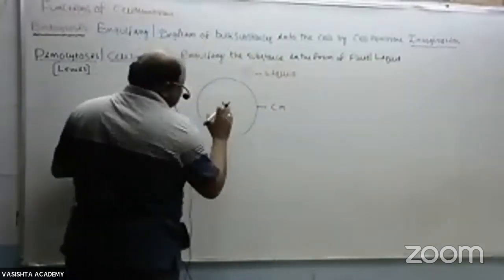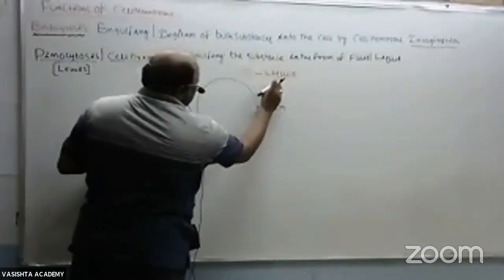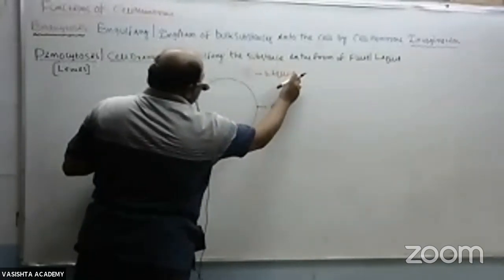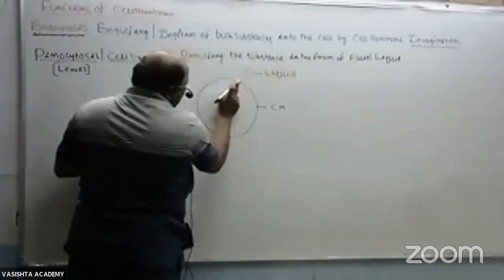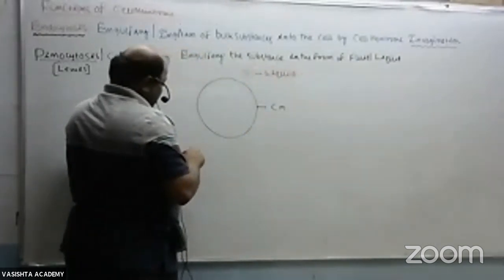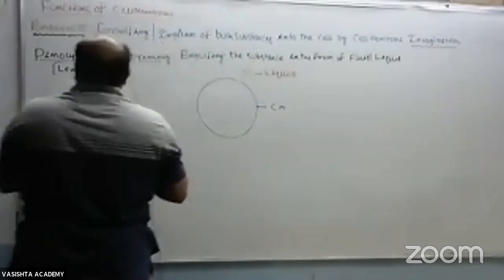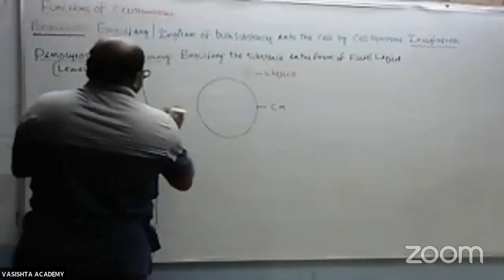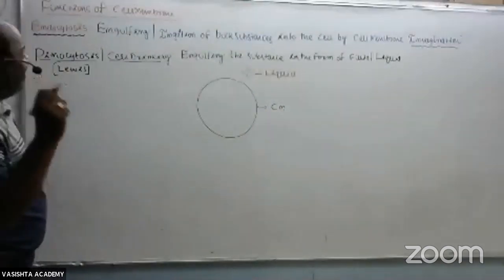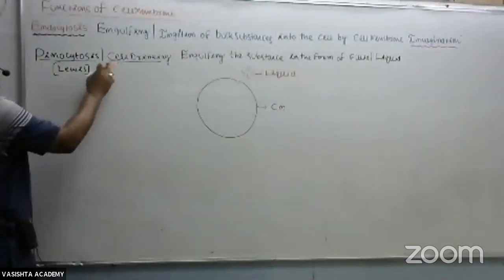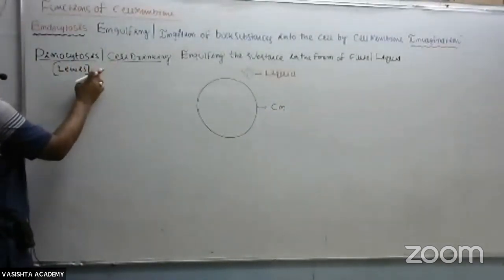If you observe, this is the cell membrane, and this is the liquid substance or fluid. How will it enter? Engulfing of a substance in the form of fluid or liquid is called cell drinking, or pinocytosis.